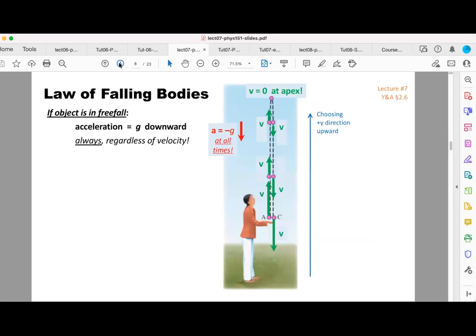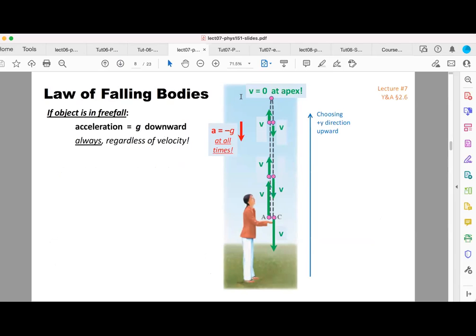Let me go to one of these problems. Here we are not going to consider the friction of the air. We are just going to consider this lady that throws a ball with a certain initial velocity up, and then the ball is going to come down. Again, with the red, you can see the acceleration.